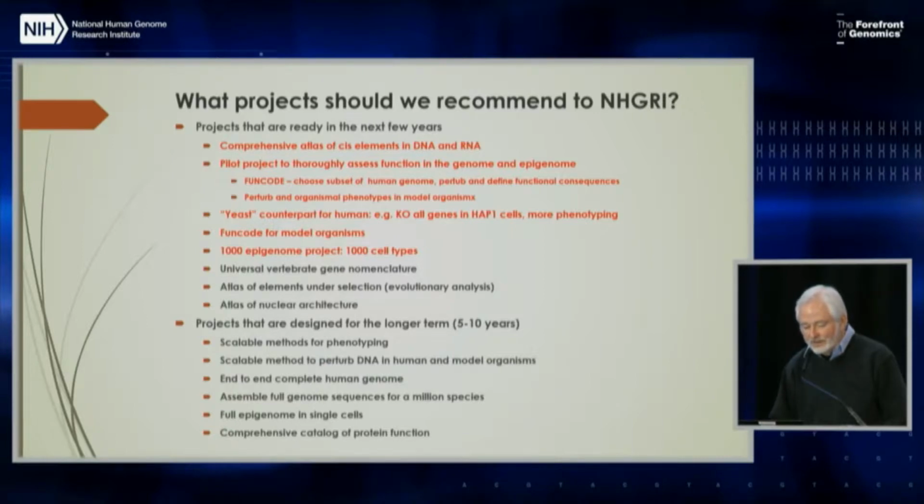And so this project would choose an appropriate subset of the human genome and choose it wisely to try to cover different phenotypes and other things, and then do the exhaustive perturbation and define those functional consequences, doing it in maybe cell lines or in tissues, but also really embrace the power of model organisms. Look at the orthologous or even analogous regions in the model organisms. And that was given an initial name of FunCode, but others are already giving pushback for that.